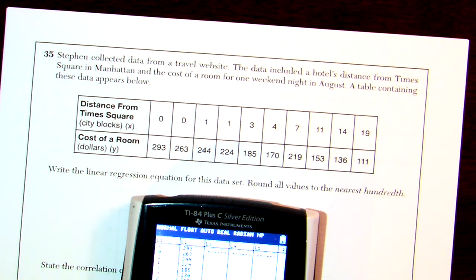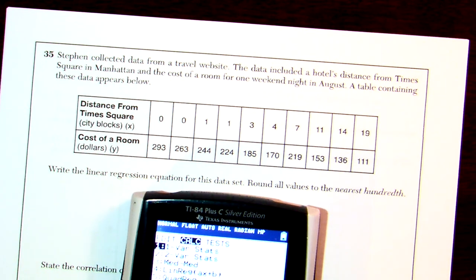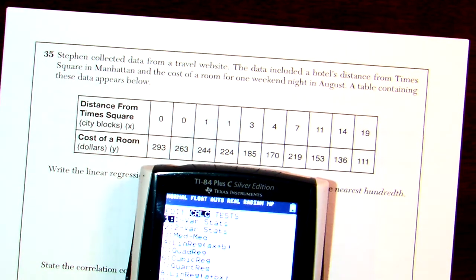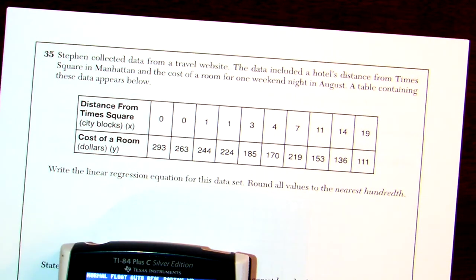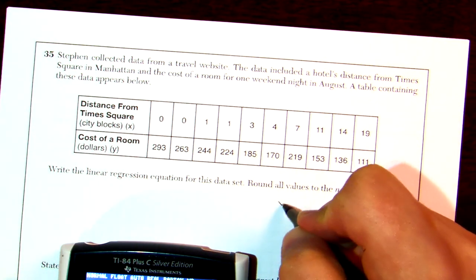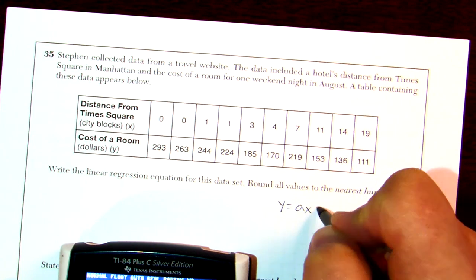Now we're going to go back to stat, go to calculate, and since it's a linear regression, we're going to hit number 4. Go down to calculate. So we have y equals a of x plus b.